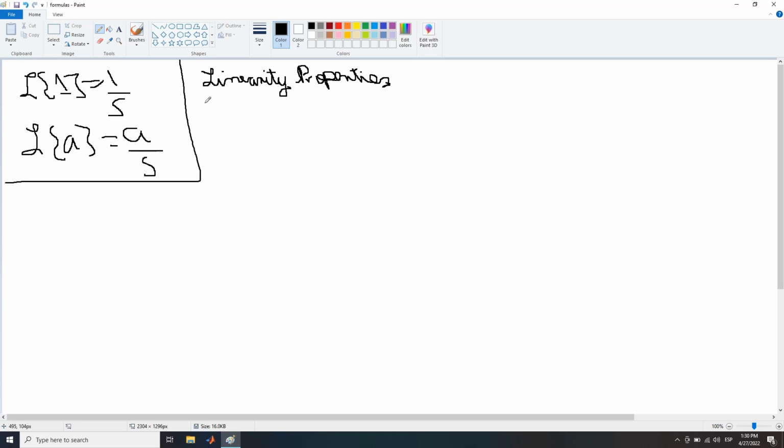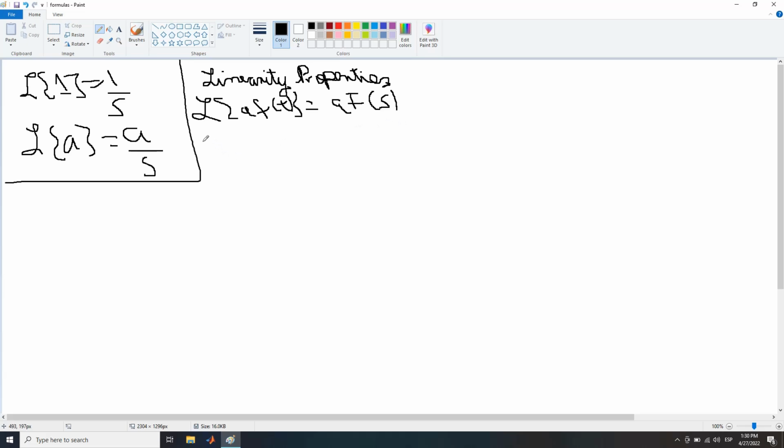Now I'm going to explain to you the linearity of the Laplace transform, which is very important. So if we have the Laplace transform of a function f of t multiplied by a constant, the result of this will be equal to the constant multiplied by the Laplace transform.